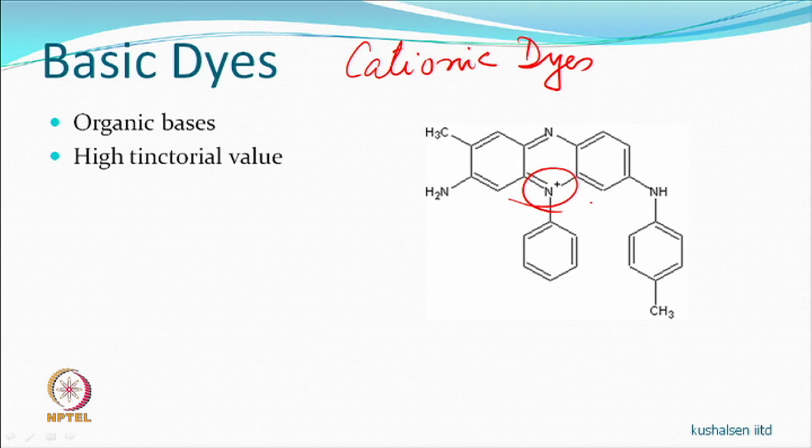Interestingly, because of their structures, this one which has been shown, the triphenyl methane based cationic dyes, have high tinctorial value. High tinctorial value generally means they can actually absorb radiation from the ultraviolet region and also radiate out in the visible region. So, actually they appear more brilliant than other dyes.